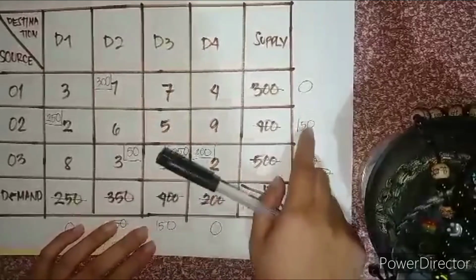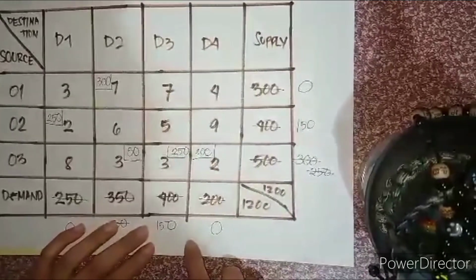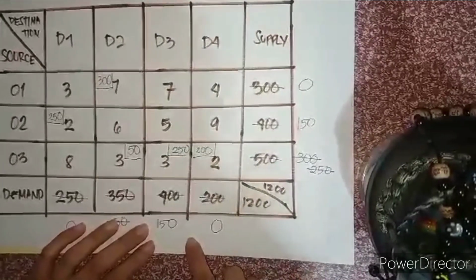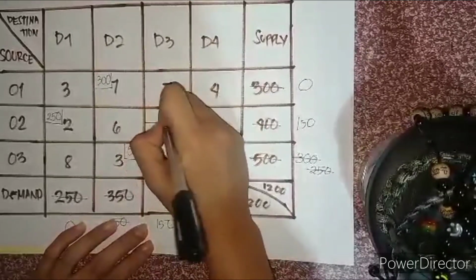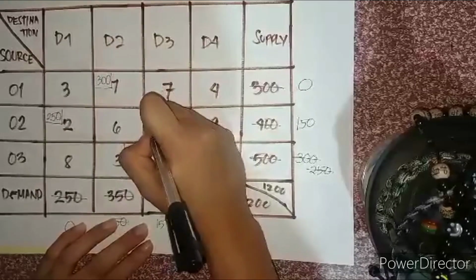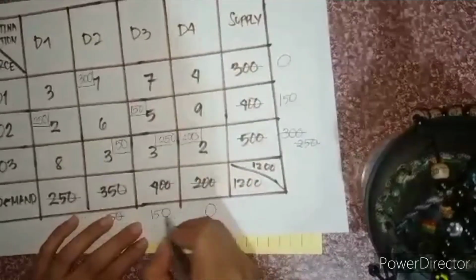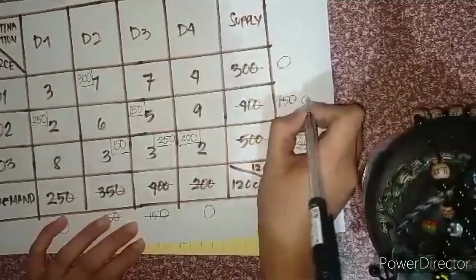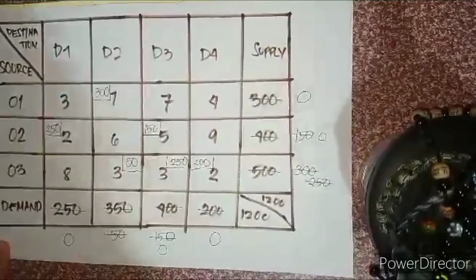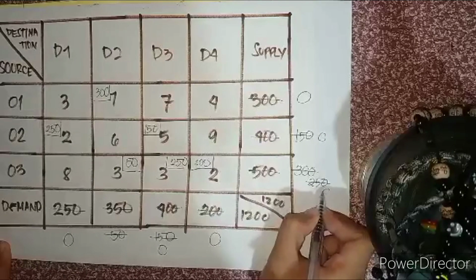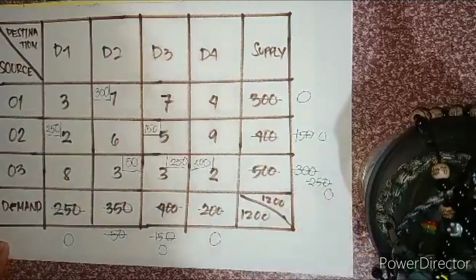So the supply and the demand are both equal. Let's allocate 150 here. Let's mark this out and it will be 0. And this one will be 0 value.